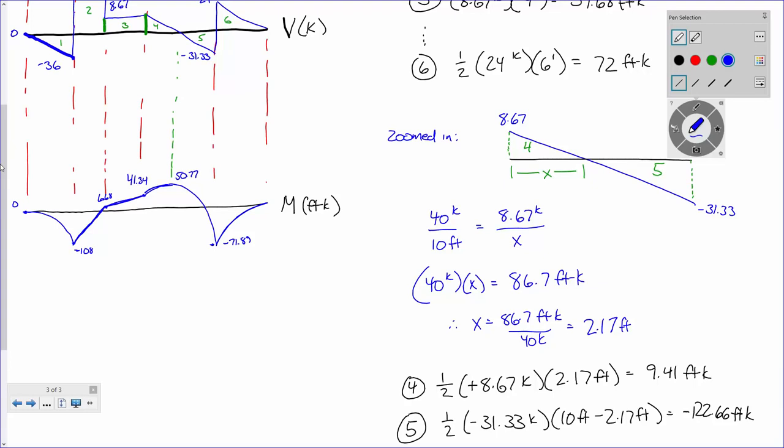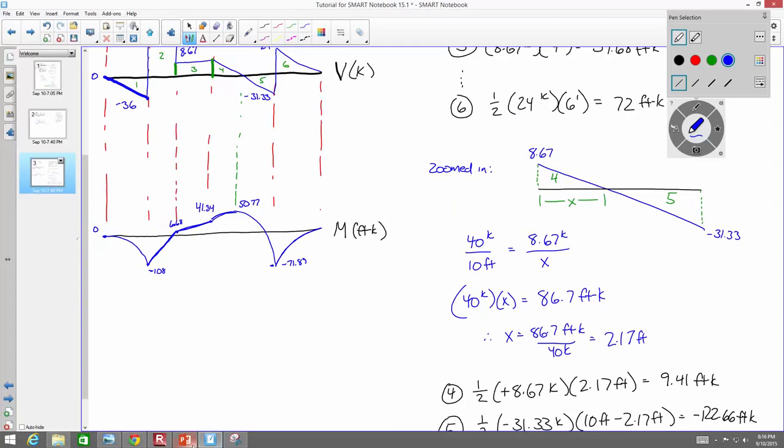No, not really. The point of this example was to just go through a full-blown shear moment diagram start to finish. Well, you could ideally stop with shear, do the calculations for 1 through 4. Before we go on and start talking about strategy, let's go back to the problem and see if we know what the answer is.